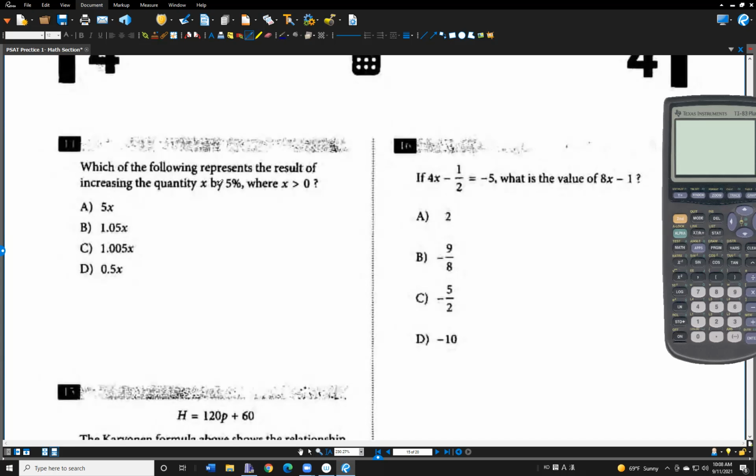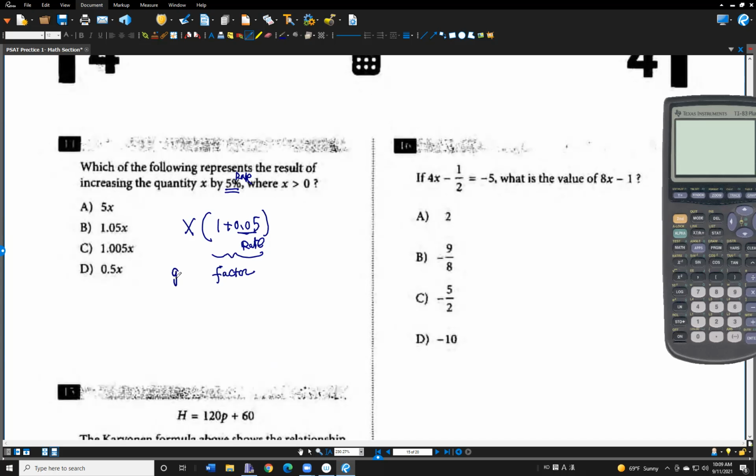Okay, which of the following represent the result of increasing the quantity X by 5%? We already know that. X is increased by 5%. That's the rate. So 1 plus 0.05, isn't it? That is increased by 5%. This is the rate. The core thing is called what? Factor.